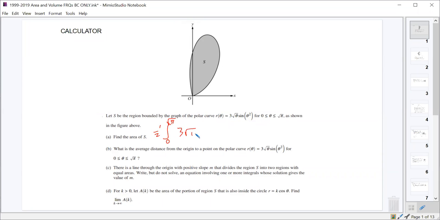So 3 root theta sine theta squared d theta. And this is a calculator question, so just type that into your calculator and get an answer. Your answer was 3.534, I hope. Does that sound good to everybody?